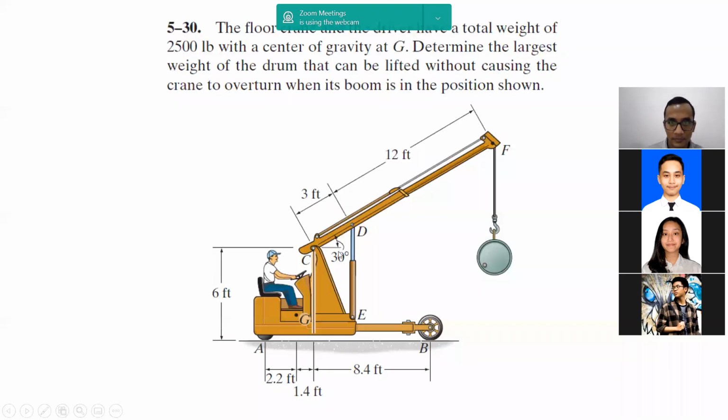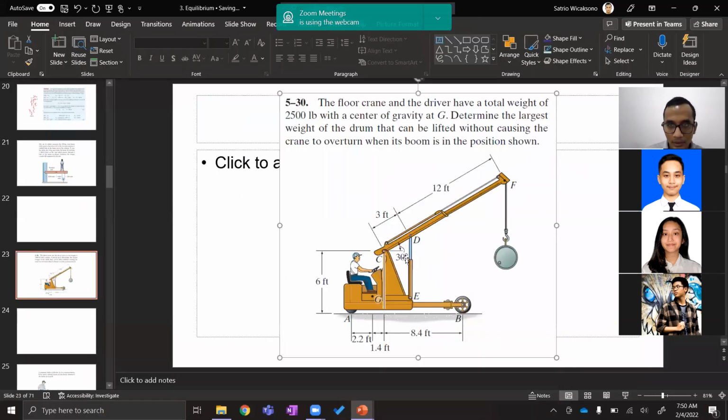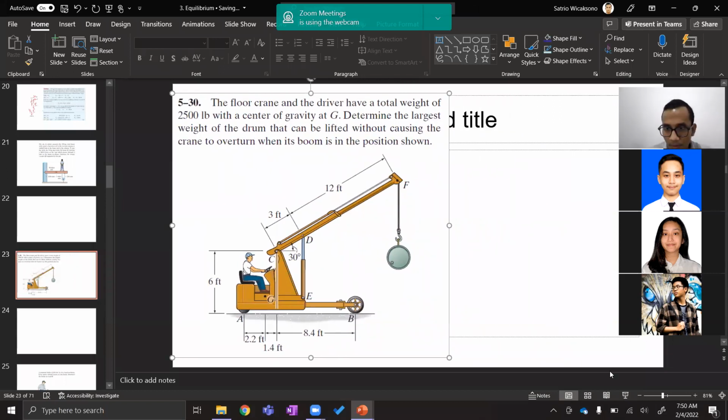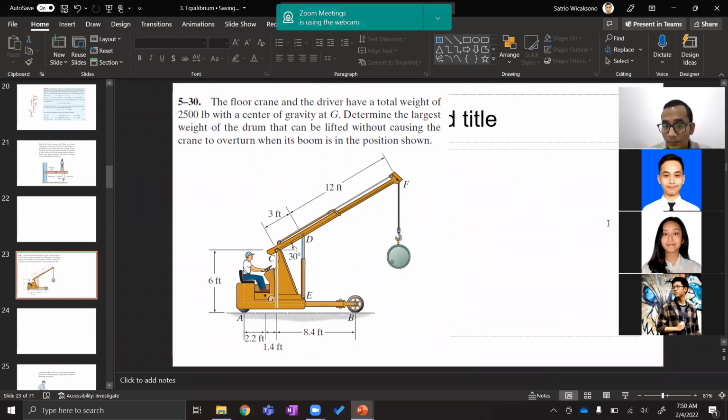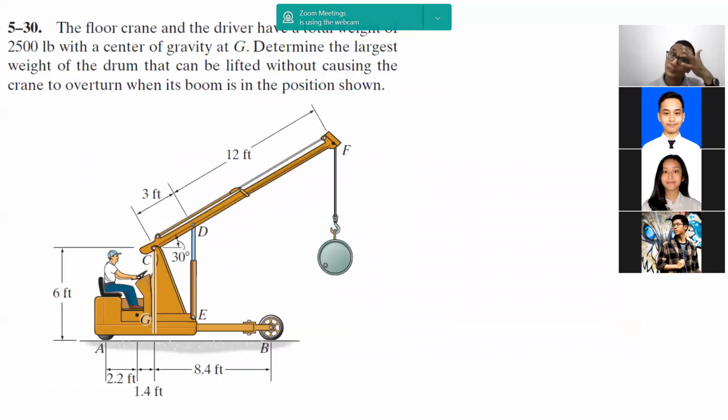Maybe the one in C. The one in C. In order for you to be able to draw it, I think I will move it to the side. Which one, Audrey? The one in point C. You mean this one? Yeah.